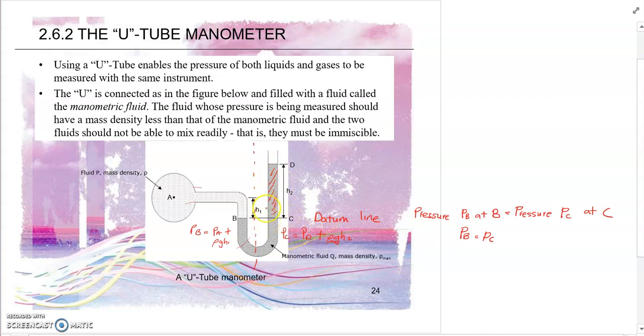In this region, the fluid is your manometric fluid, so you have to use the density of your manometric fluid: rho manometric fluid times G times H2. PC is equal to PD plus rho GH2.